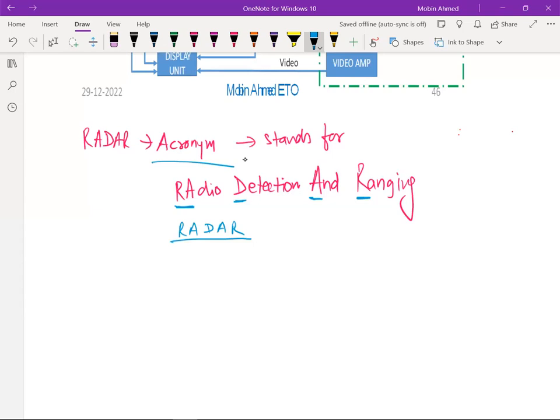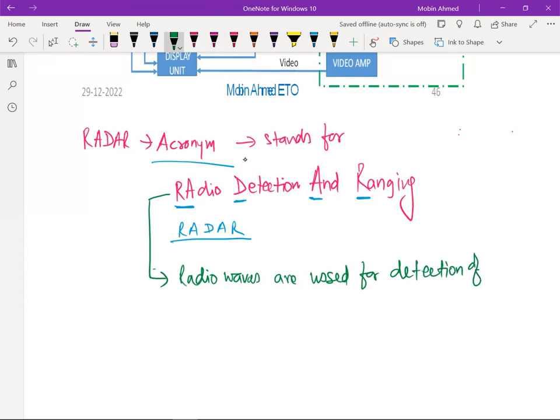So now, what is the meaning of this one? The radio waves are used for detection of object or target and finding the distance.